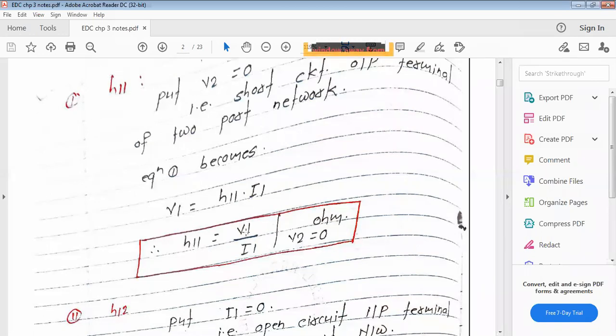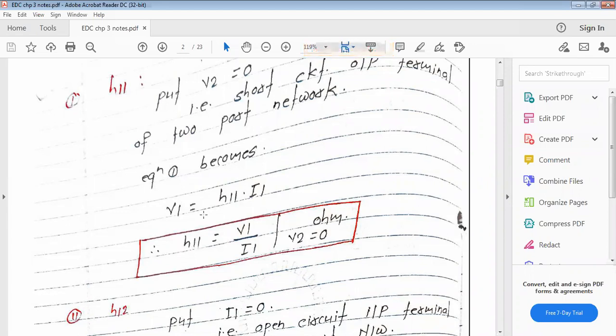Now tell me, H11 is related to what? Is it related to input or output? Input. It is related to input by V1 and I1. Both are the input parameters. So H11 gives us the value of input impedance. Understood, everyone?